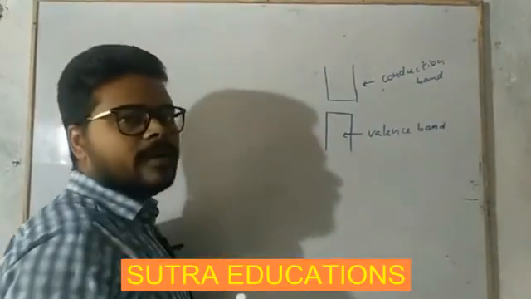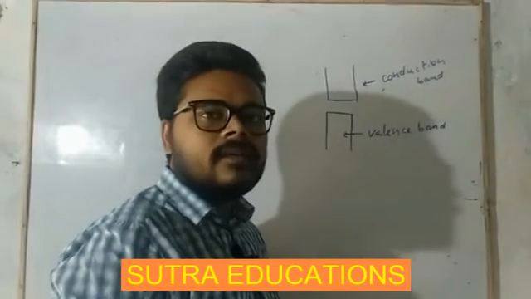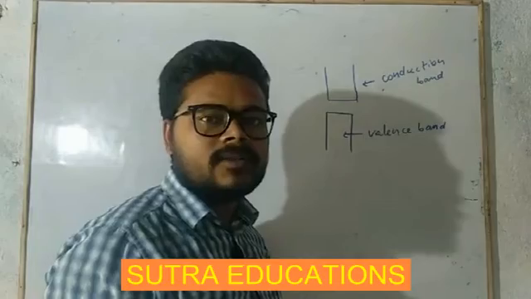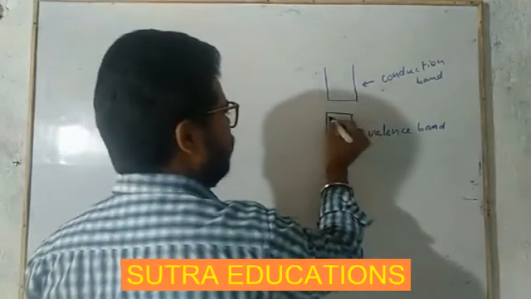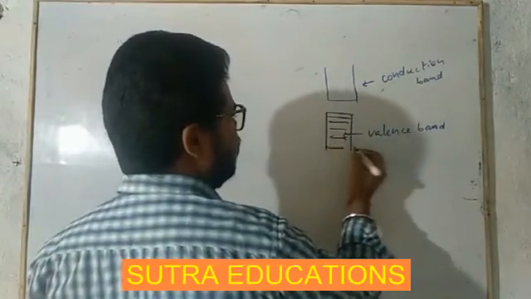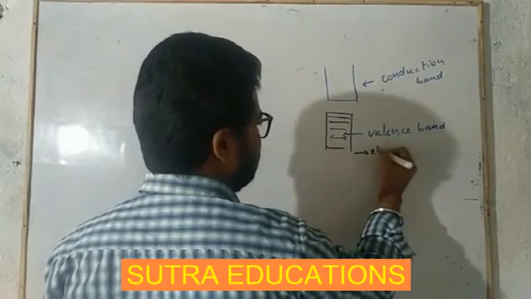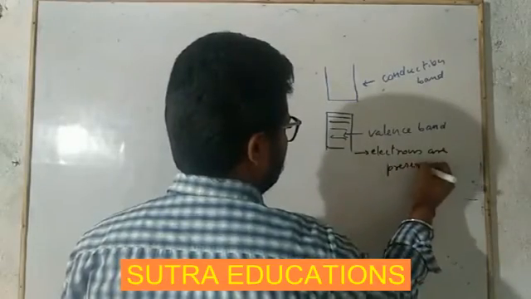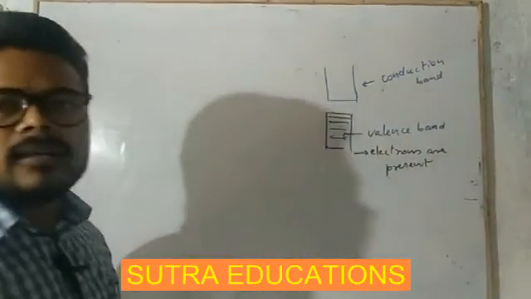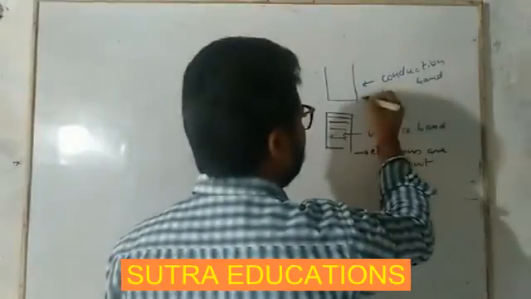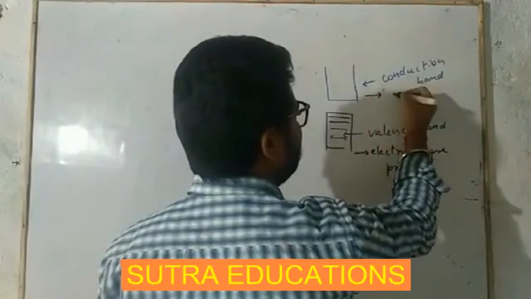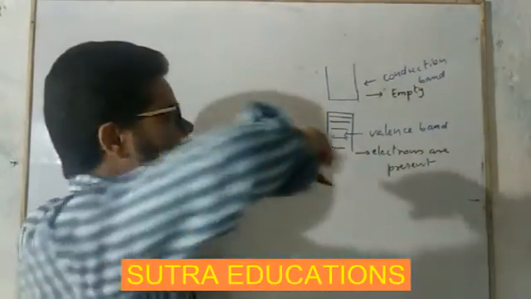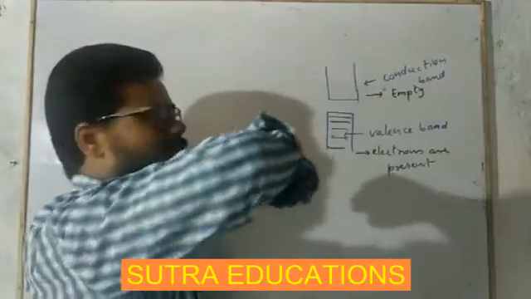So what is the valence band? The valence band is that band where electrons are present, or we say the occupied band is known as the valence band. The conduction band is empty. The valence band and conduction band are separated by a gap.